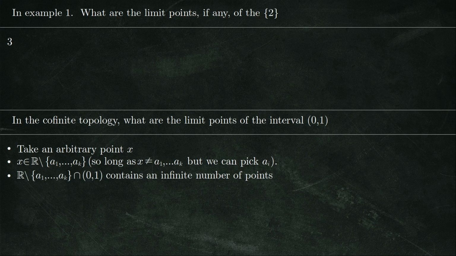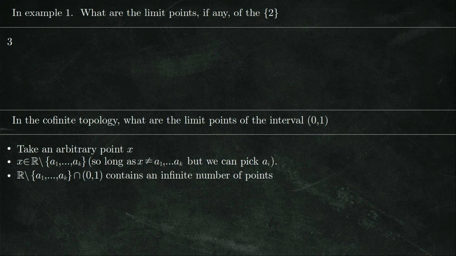So then we look at the intersection of that with the interval (0, 1). And this contains an infinite number of points. So how do we know that? Well, R intersect (0, 1) is just the interval (0, 1). The interval (0, 1), even though it's finite in the sense that it's bounded, contains an infinite number of points in between 0 and 1.